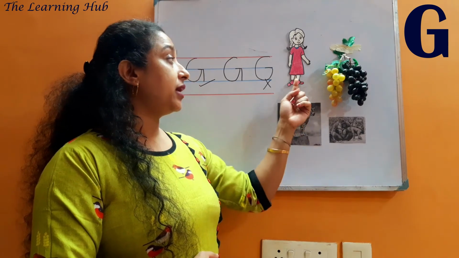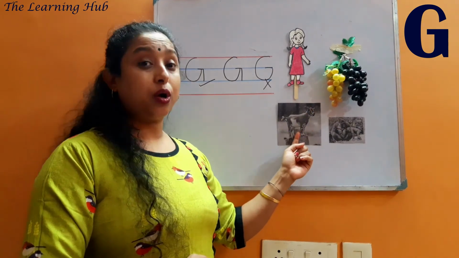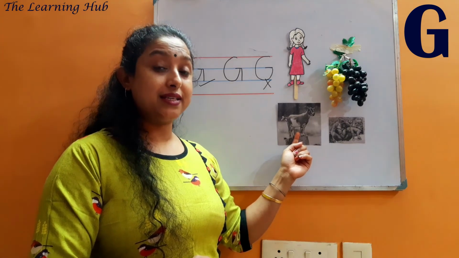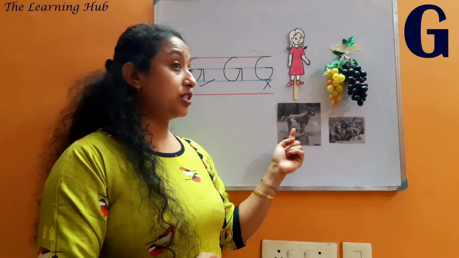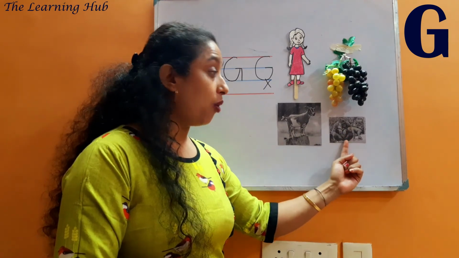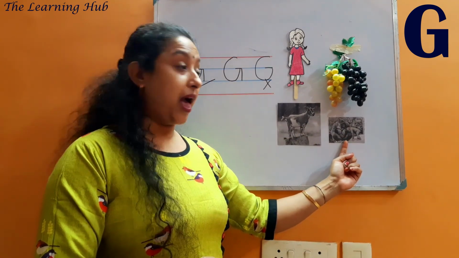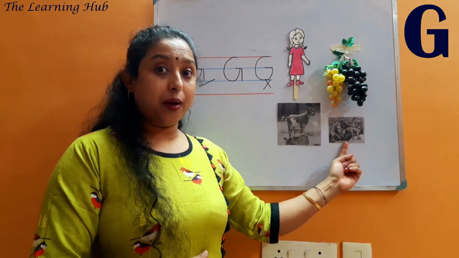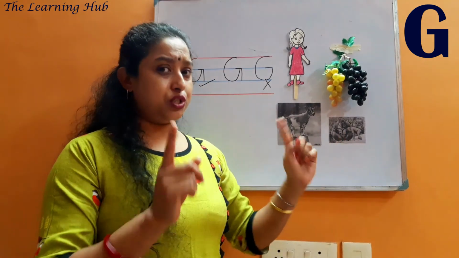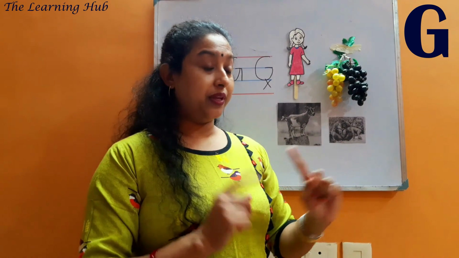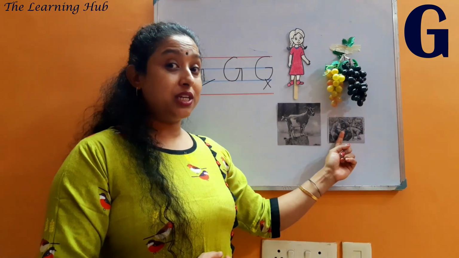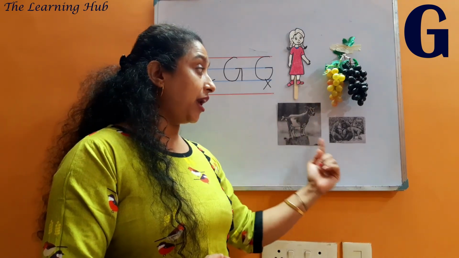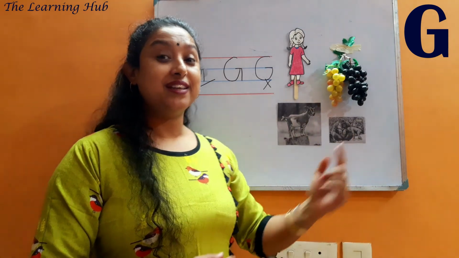One day, Guinea took Gogo to the forest to feed him grass. There, they saw a big gorilla and they were scared to see the gorilla. But the gorilla was not harmful. He wanted to be their friends and they became friends.